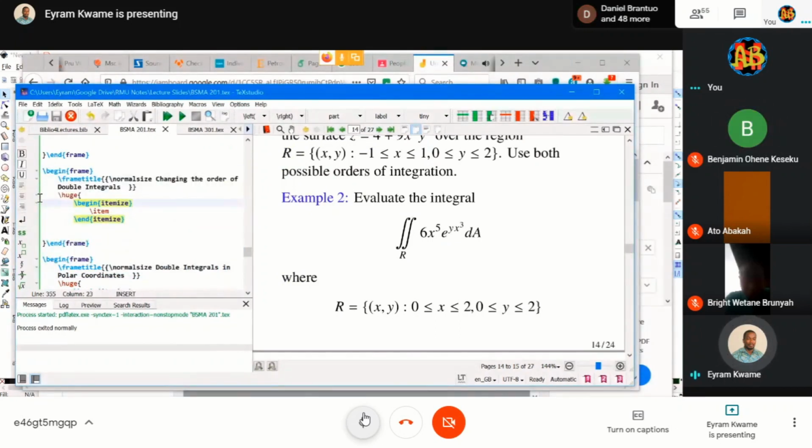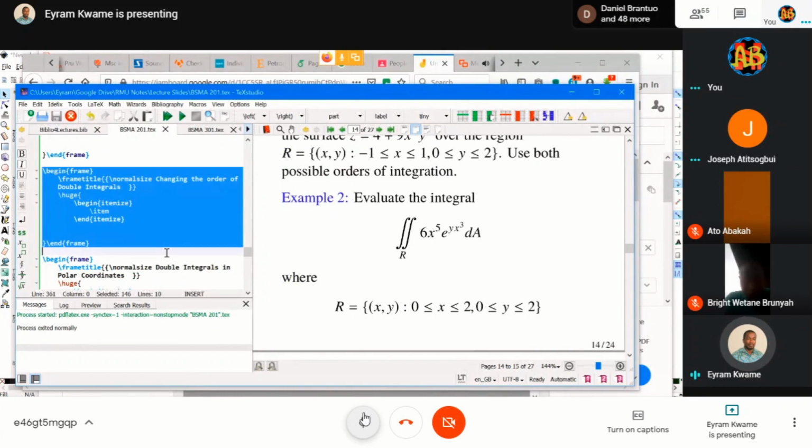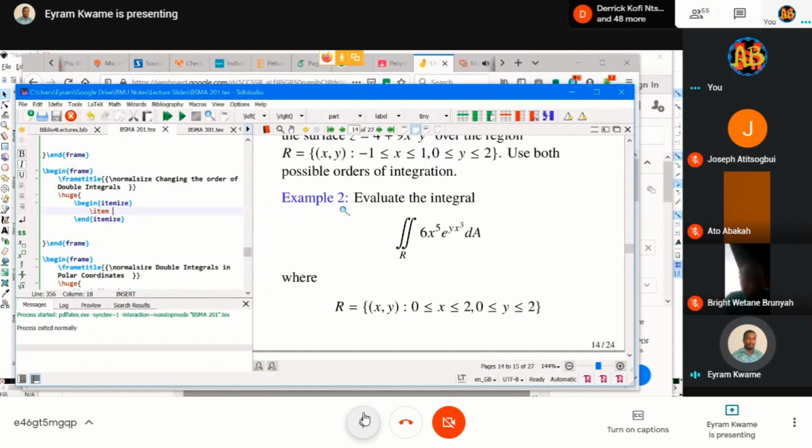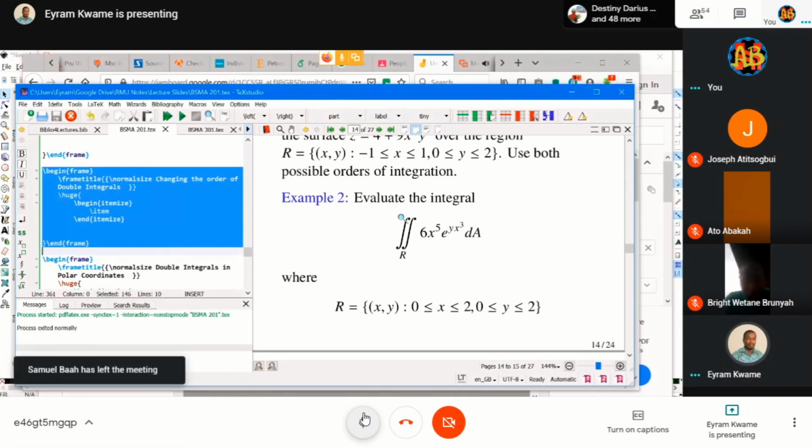This window is for me to type, but the other window here is for you. The highlighted window is not for you. This one, where you see the blue example 2, that window is for you.